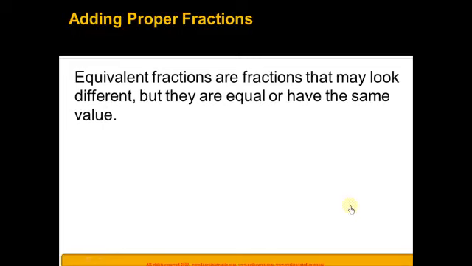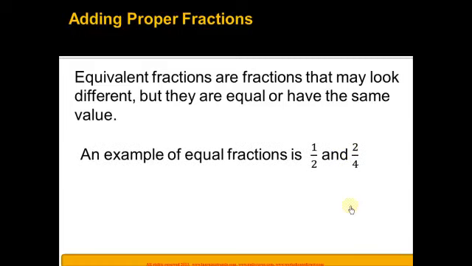Now that we know how to find common multiples and lowest common multiples, we need to learn or review another skill before we add our fractions. We need to learn how to find equal or equivalent fractions. Equivalent fractions are fractions that may look different, but they are equal or have the same value. An example of equal fractions is 1/2 and 2/4.